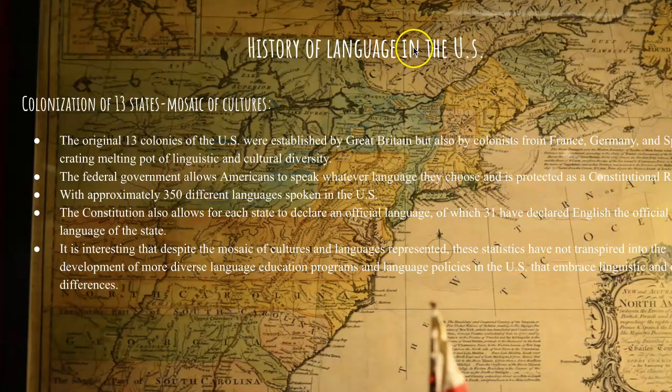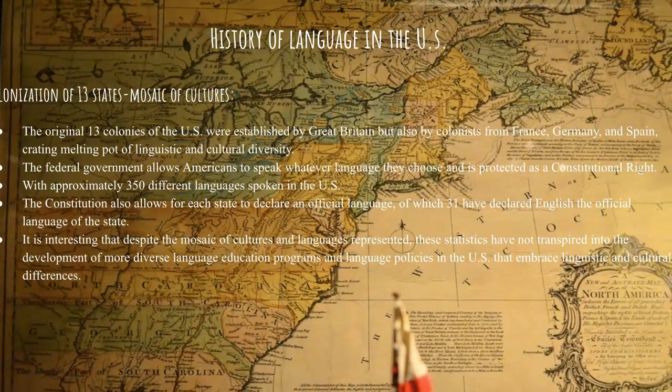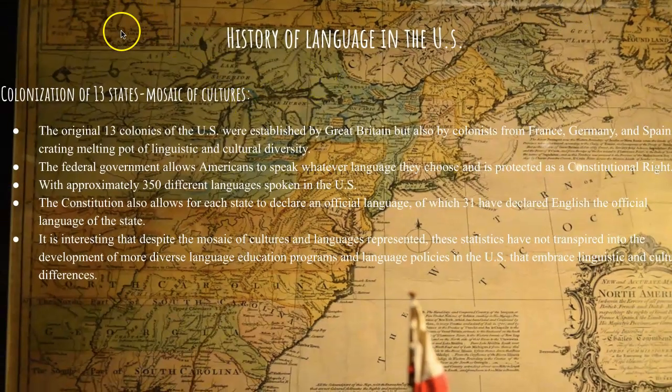History of the language. Now, I went back to the history of the language in the US to get more background, and it was really interesting, going back into the colonization of the original 13 states. The colonies in the US were established by Great Britain, but also colonists from France, Germany, and Spain.